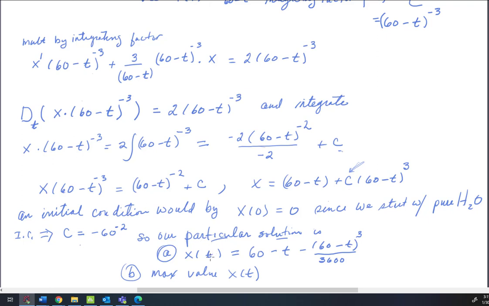And you'd find the t where x of t was a max, but the question is, what's the max value of x of t? So once you find the t that makes it max, you'd substitute that t into the equation here at a and find out how much salt, the most salt that was ever in that tank.